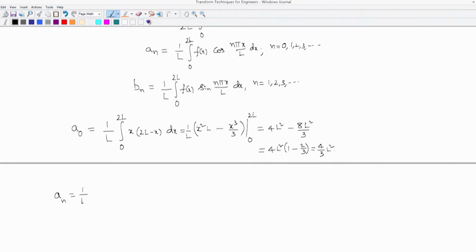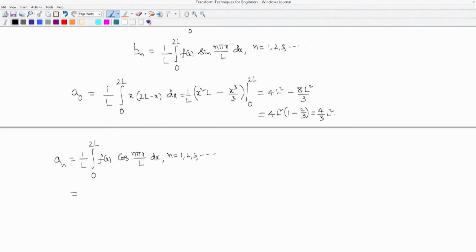So, A n is 1 by L integral 0 to 2 L f x cos n pi x by L dx, n running from 1 onwards. We do integration by parts here.